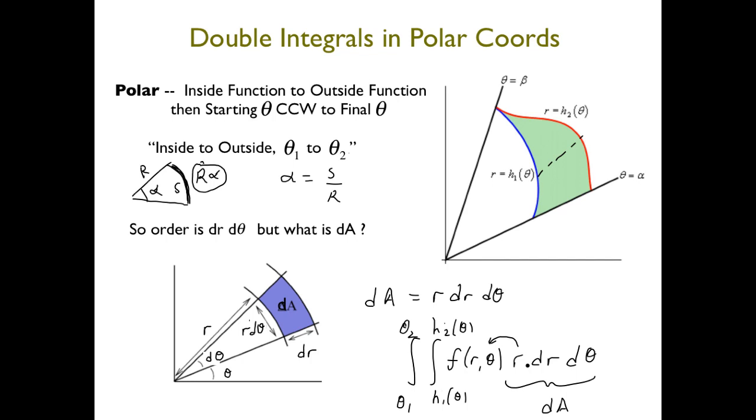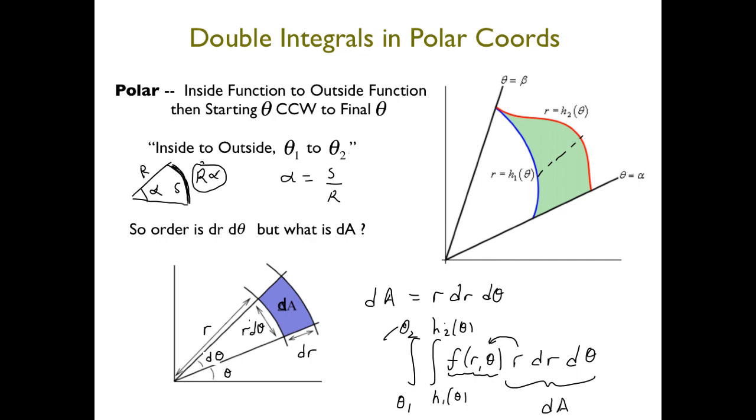Do you understand? So it came from the dA, it ends up with the f, and you're going to have an extra r multiplied by your function when you start solving it, like doing antiderivatives.